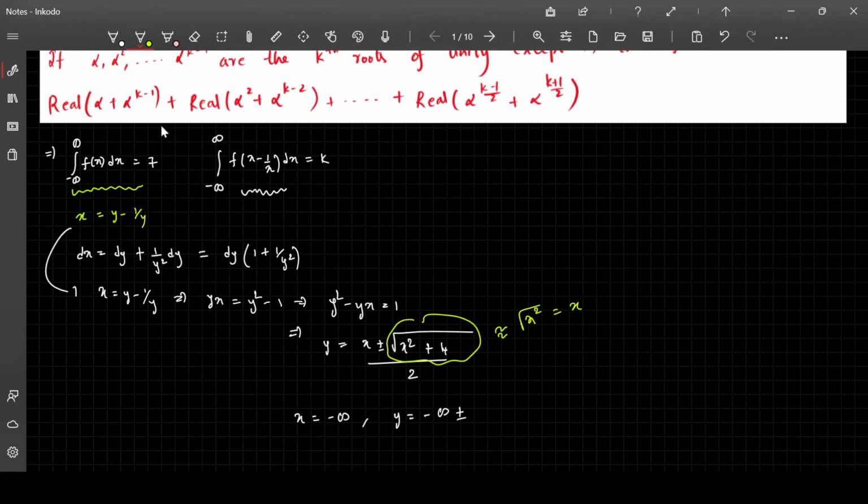So minus infinity plus or minus infinity divided by 2, and minus infinity divided by 2 is again minus infinity. But why couldn't we take minus infinity plus infinity by 2? Because if that is the case, the answer would be 0, and you cannot put 0 in the denominator. So that is the reason.